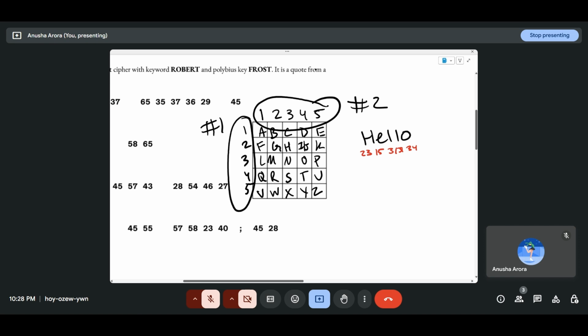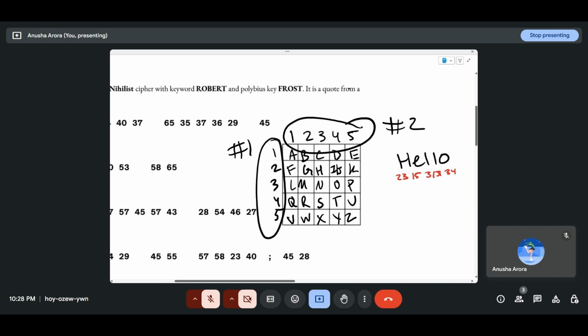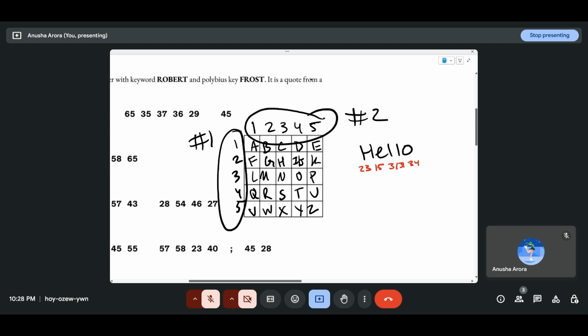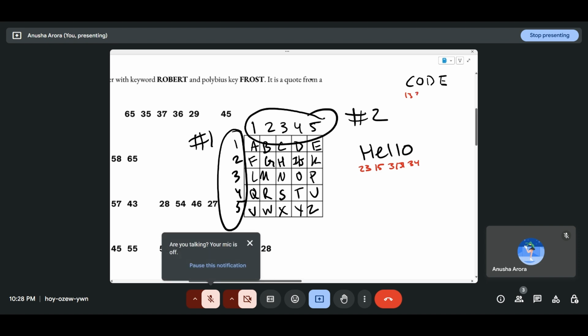Okay? Next, let's say we have a keyword of, I don't know, let's do code or something. Okay? Code converts into 13, 34, D is 14, and E is 15.